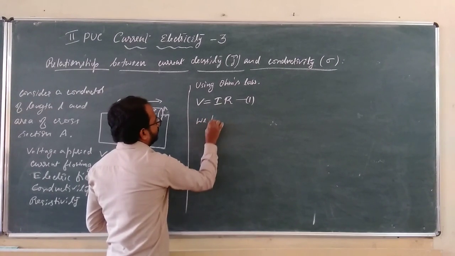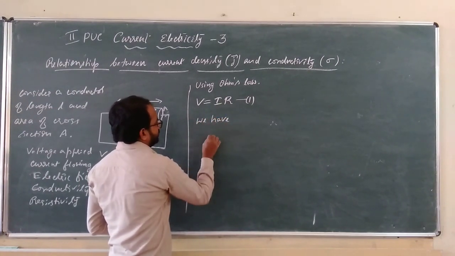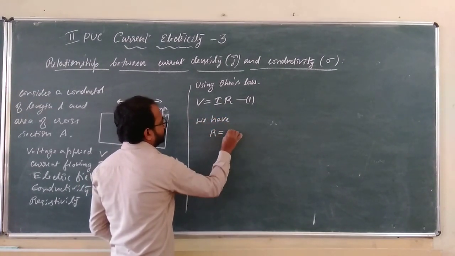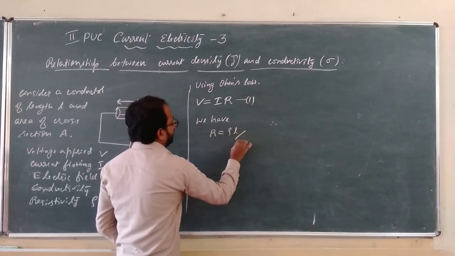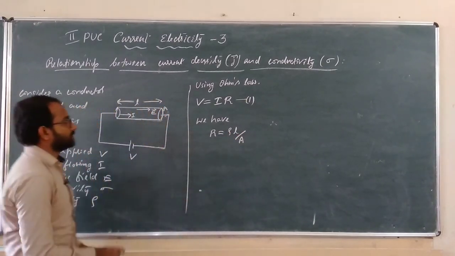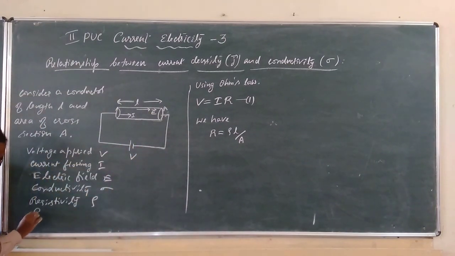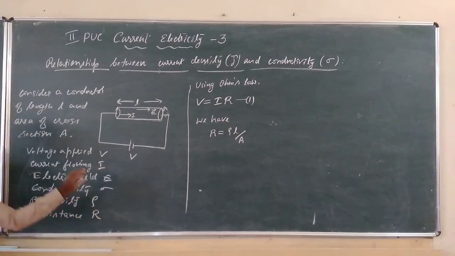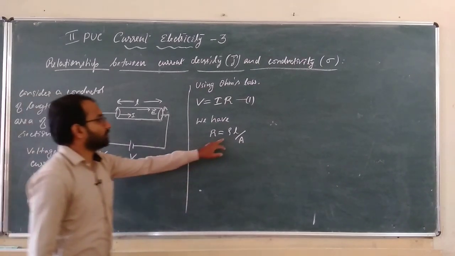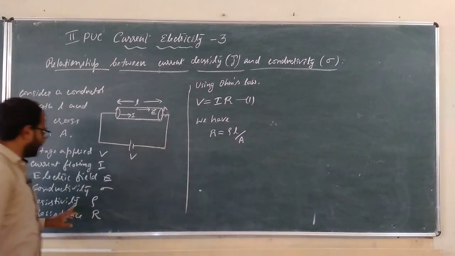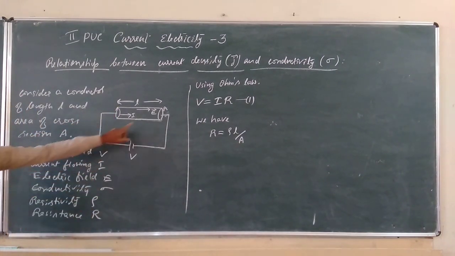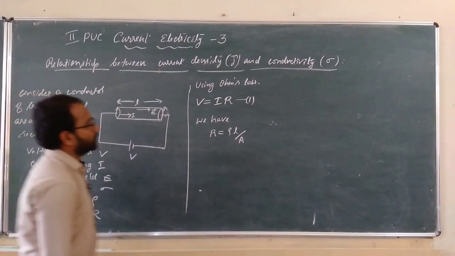In the previous class we discussed R is equal to rho L by A. The resistance of this particular conductor is R, where rho is the resistivity of the material of the conductor and A is the area of cross section. So R is equal to rho L by A.